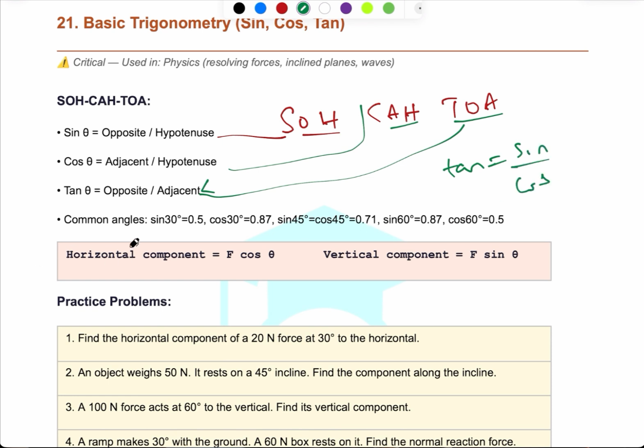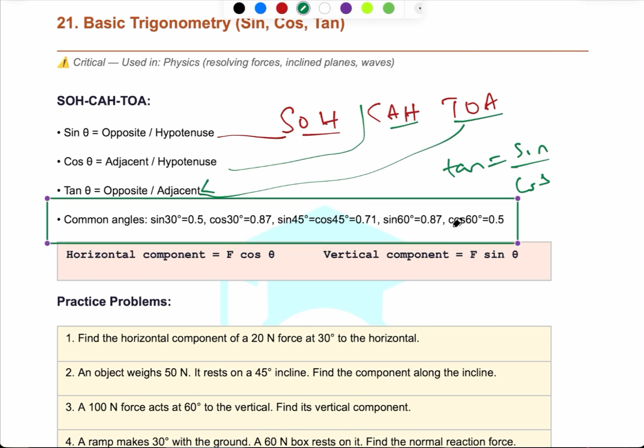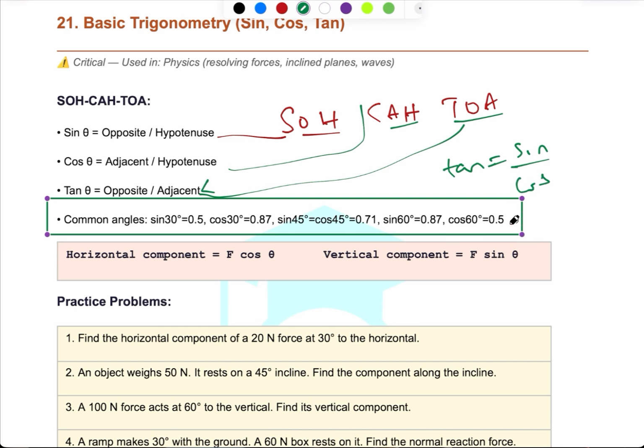And these are the special angles that you need to know offhand. So today, just master this. In some of my videos, which you can check, I made a full video explaining how we got all of these special angles and how you can get them without using a calculator in the exam hall. So please pay attention to all these very well.